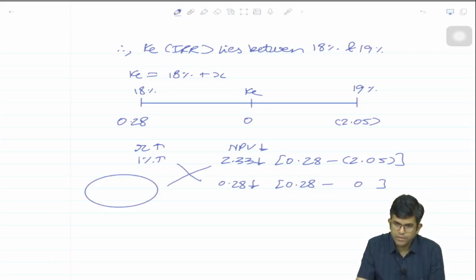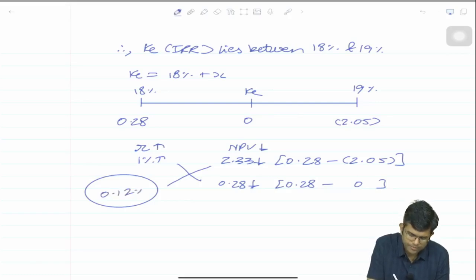This is 0.28 into 1 divided by 2.33, 0.12. Therefore, KE is equal to 18% plus 0.12%, that is 18.12%.